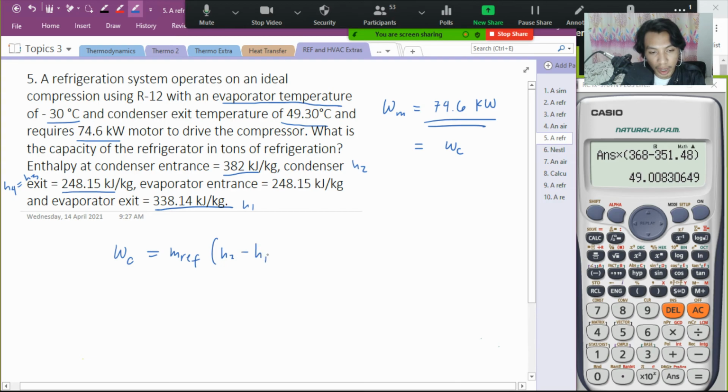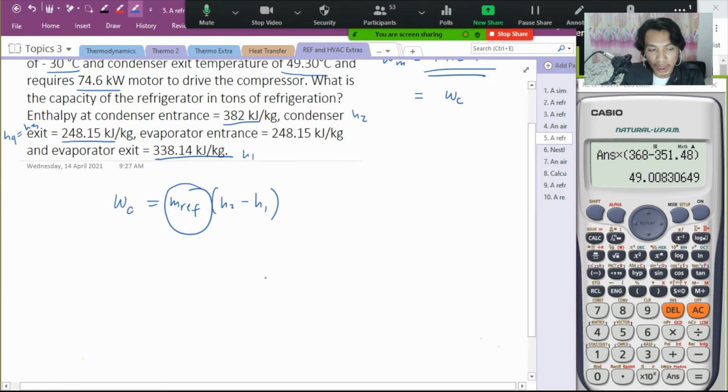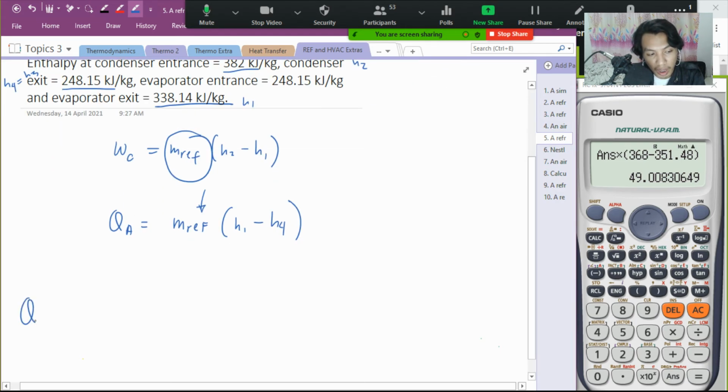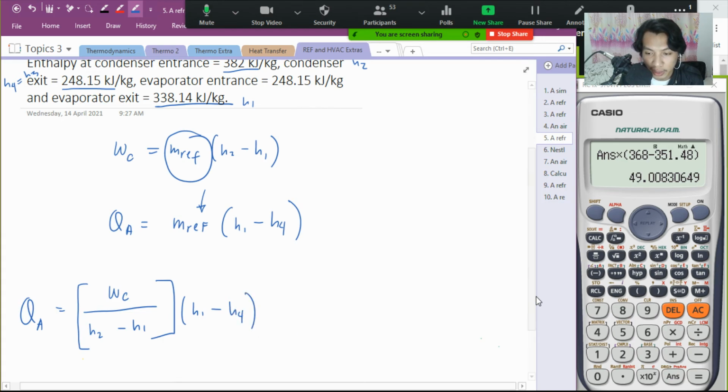Now, we are looking for MREF. We are looking for QA, the refrigerating capacity, which is MREF multiplied by H1 minus H4. Algebraically, for a straightforward solution, QA is equal to the work of the compressor over H2 minus H1, multiplied by H1 minus H4. I made it easier for you.